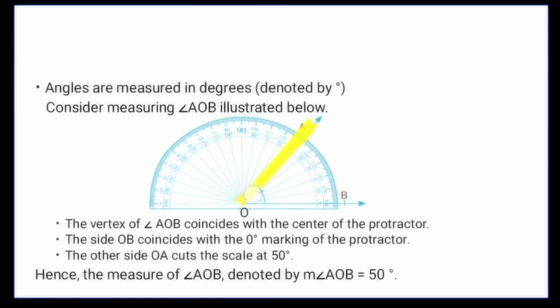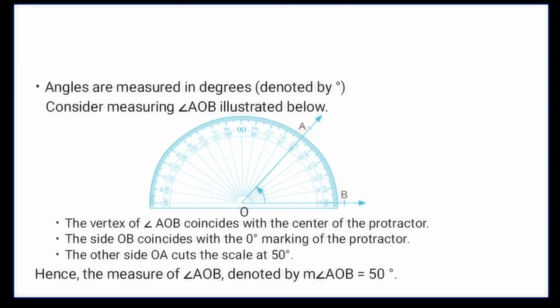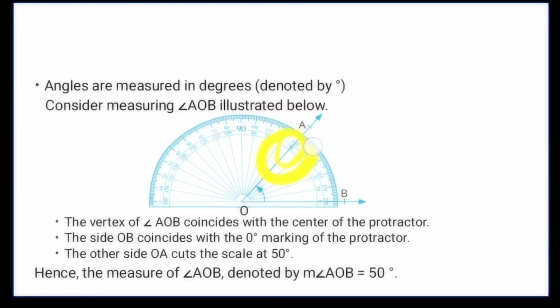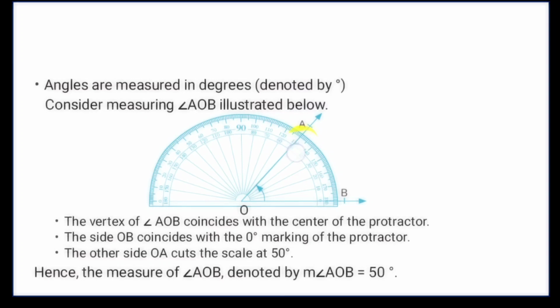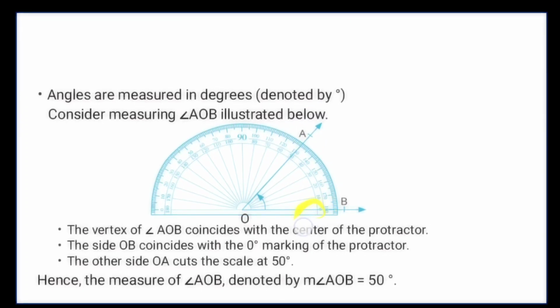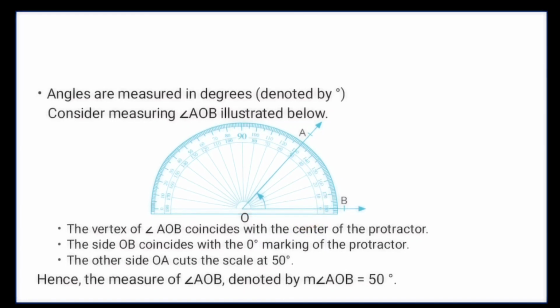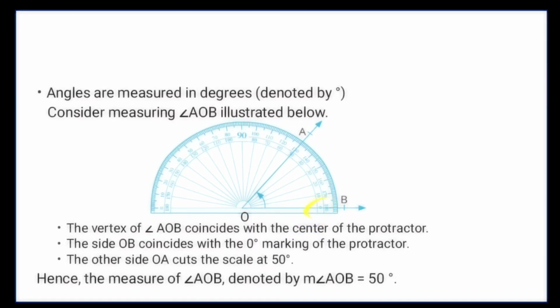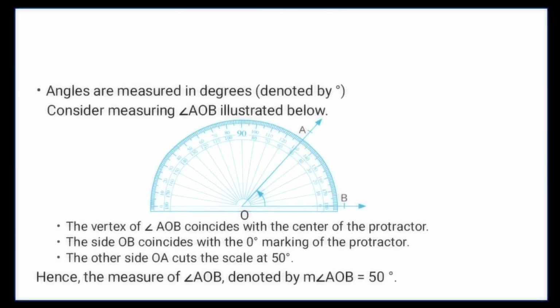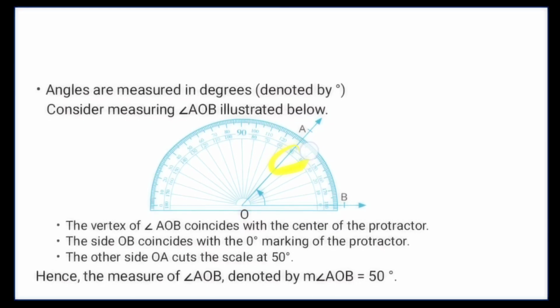In the side OA, we have this value 50. Okay, 50. We will not consider 30 because here we look at 0 degree, wherein 0 is at the inner side, inner value. So in that case we will look at the inner value as well, which is 50.